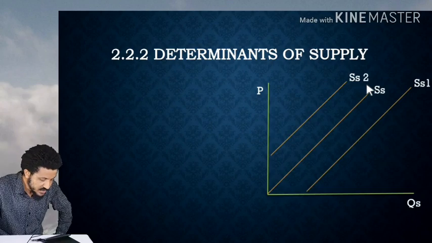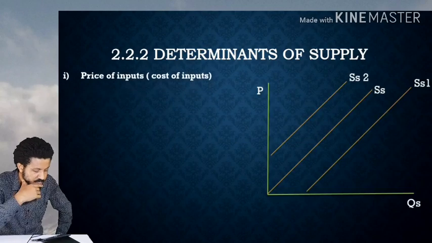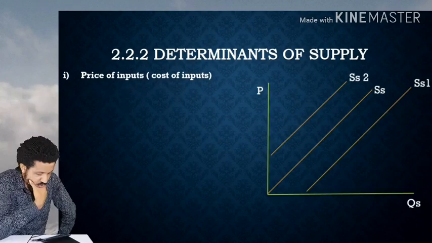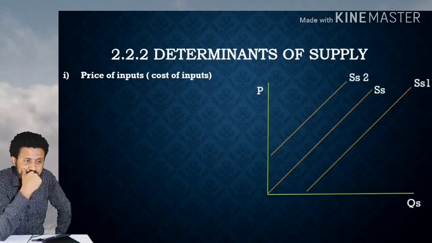So what is the first one? የመጀመሪያው ምንድነው? price of inputs or cost of inputs.